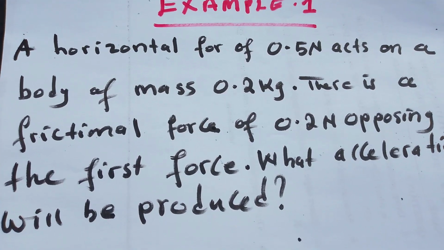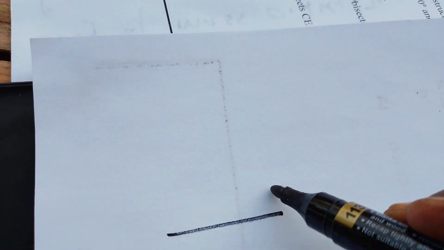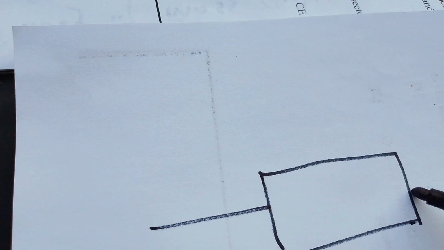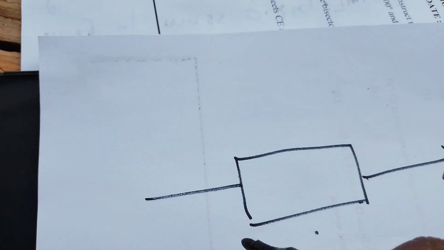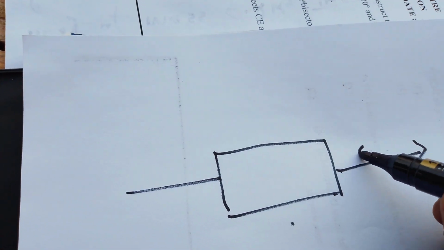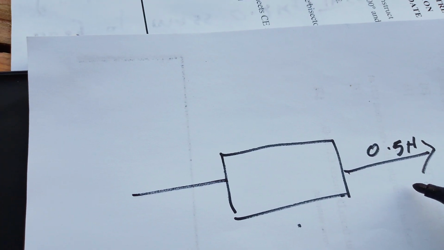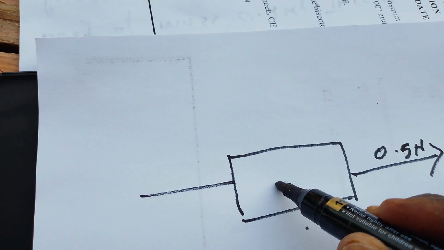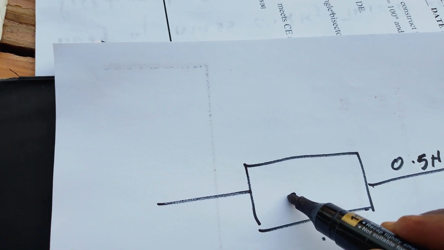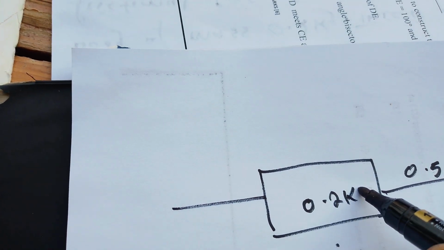So here the situation is like this, and we are told that this is the acting force of 0.5 Newton, which is acting on this body of mass 0.2 kg.